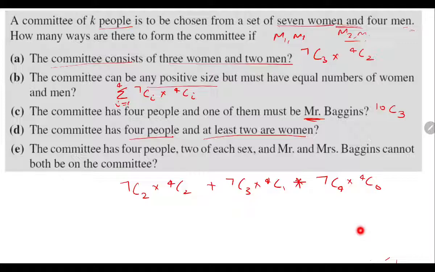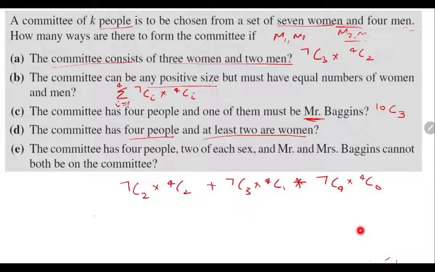Now in this case, another approach is you first pick 2 women out of 7 women, and then you pick 2 people from the remaining people.